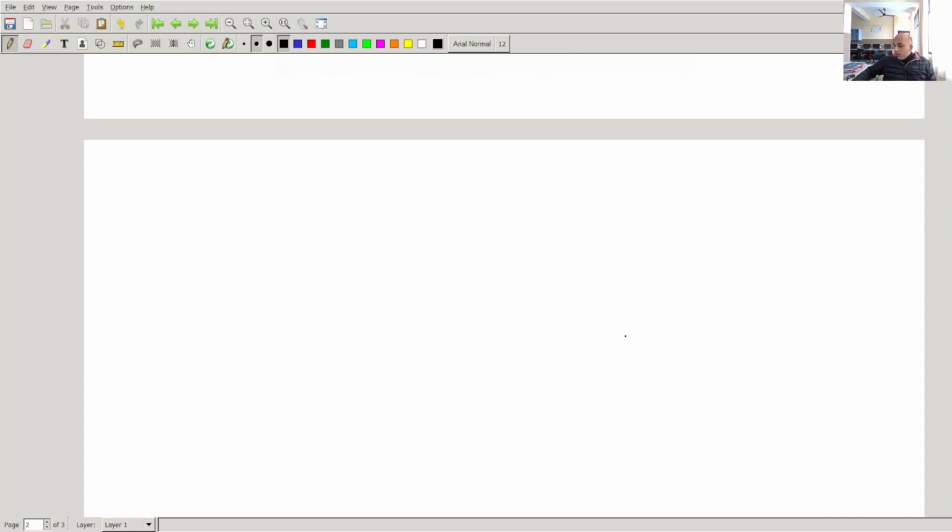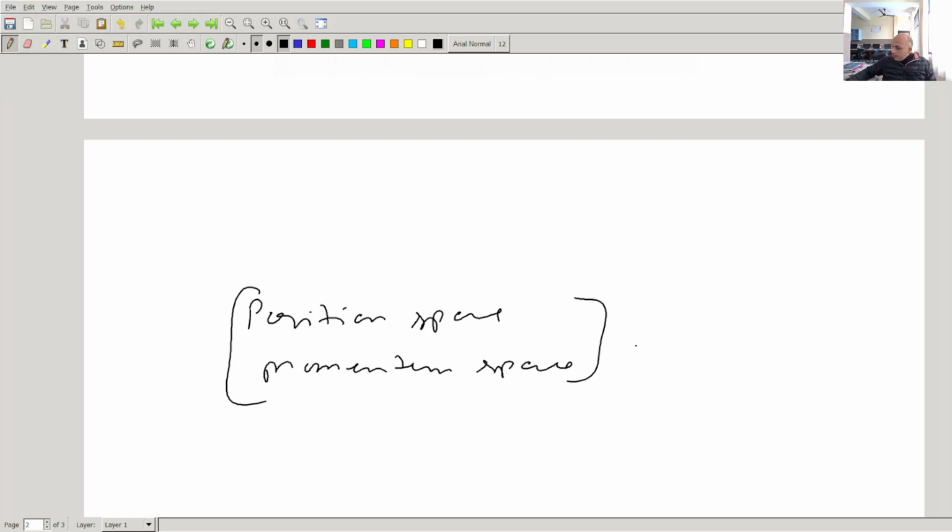This combination of position space and momentum space is called phase space, right?